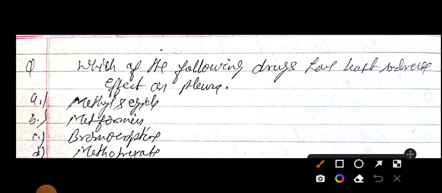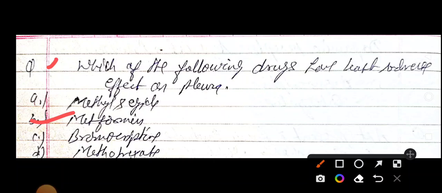Now, which of the following drugs has the least adverse effect on pleura? Methysergide, metformin, bromocriptine, methotrexate. So guys, you all know metformin here is the answer. Why is metformin the answer here? Because these other drugs cause pleural adverse effects or fibrosis, okay: bromocriptine, methysergide.